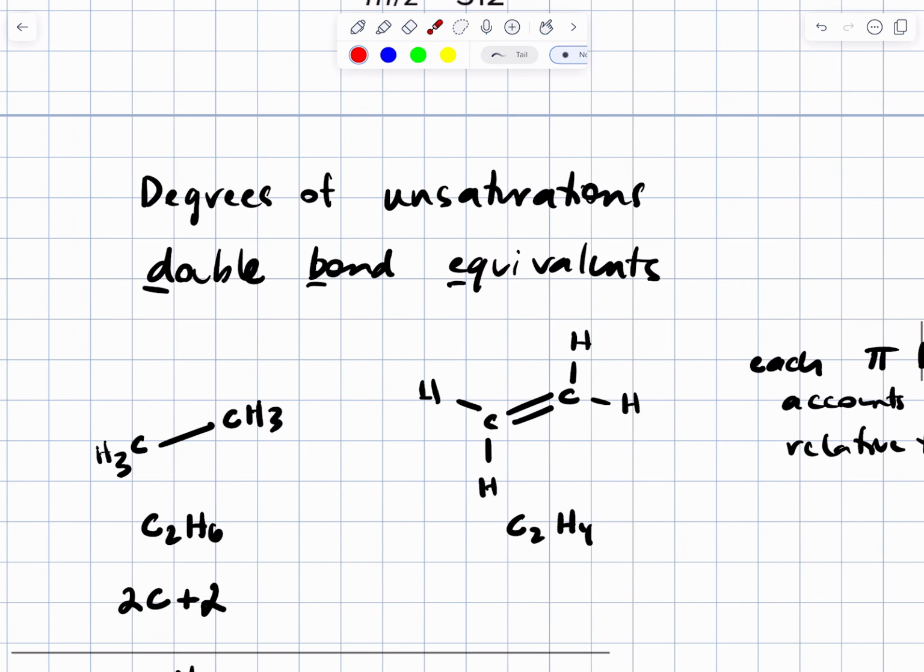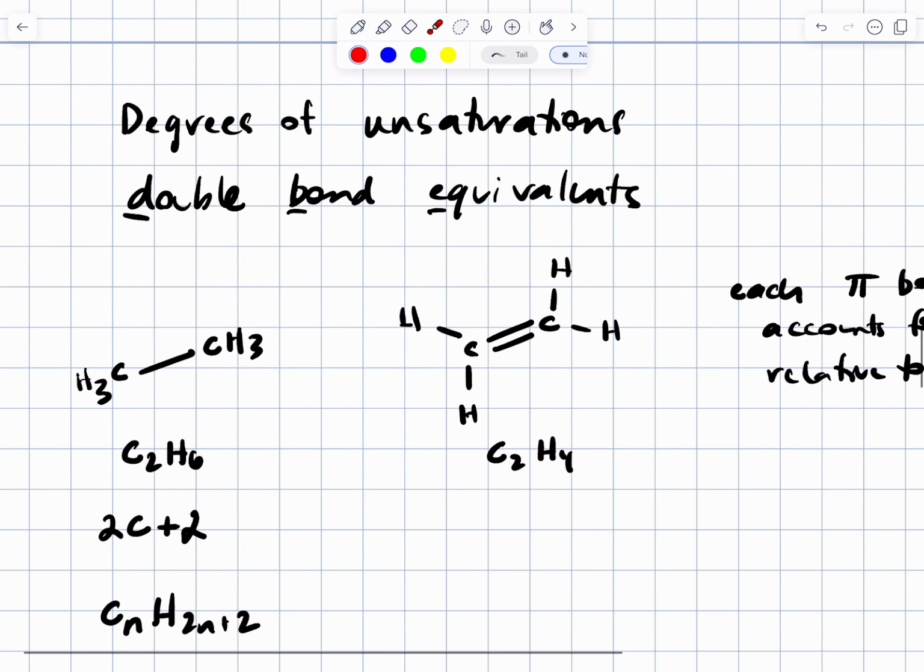So I want to introduce a concept called degrees of unsaturation or double bond equivalence. The idea here is that every time you introduce a pi bond to a molecule, that takes care of or eliminates 2 hydrogens from the molecule that would have been there in the completely saturated alkane.